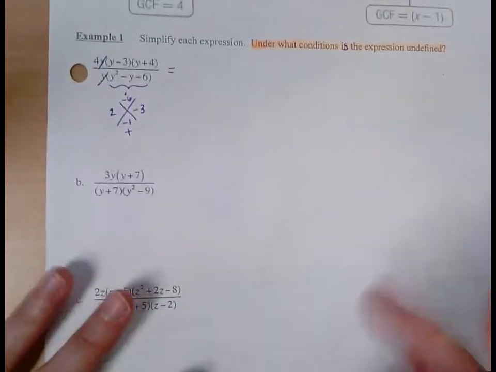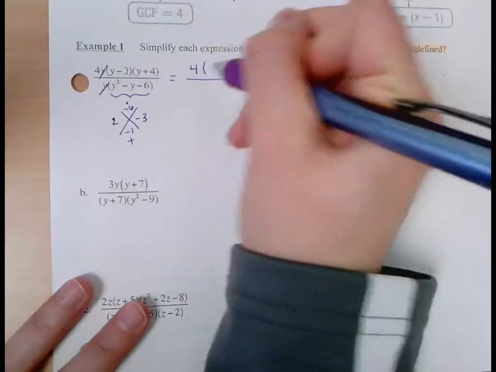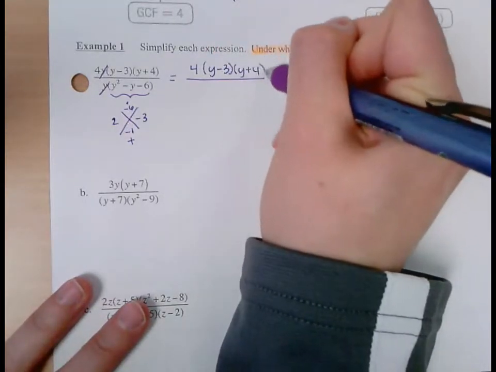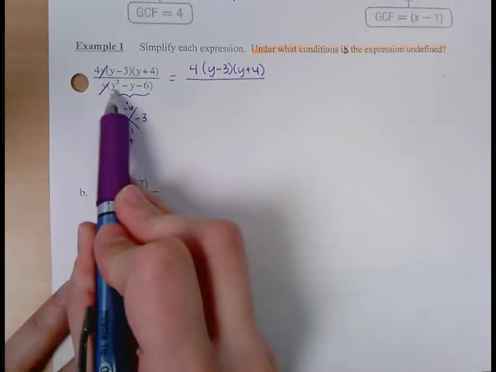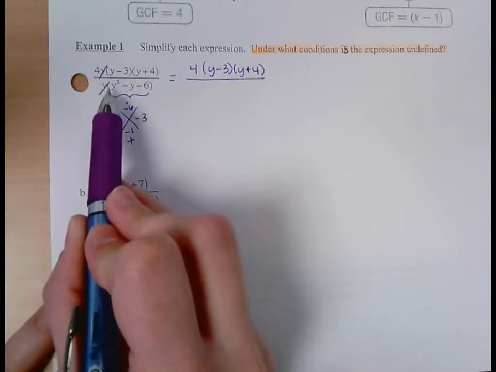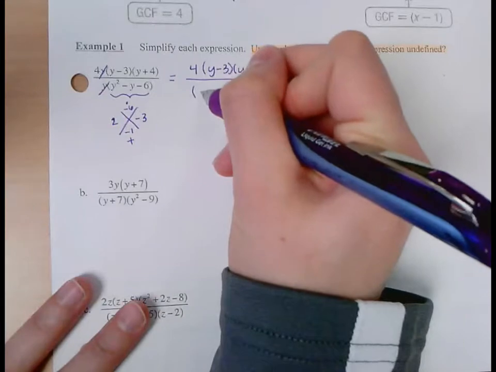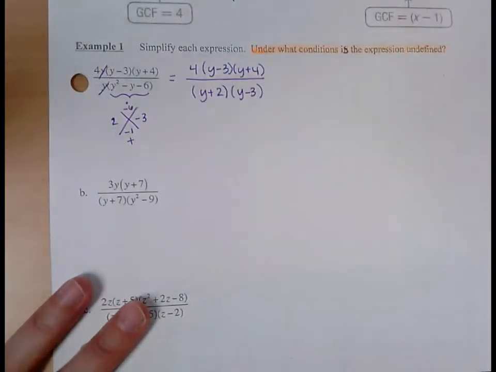Okay, so I'm going to rewrite this expression. On the top, I still have the 4 times the quantity y minus 3 times the quantity y plus 4. On the bottom, if I write this in factored form, I can go straight to the factoring because the coefficient of the y squared is 1. This now factors to y plus 2 times y minus 3.